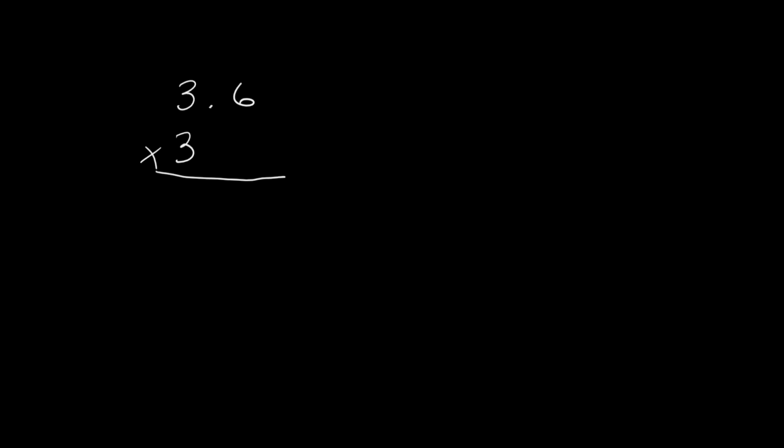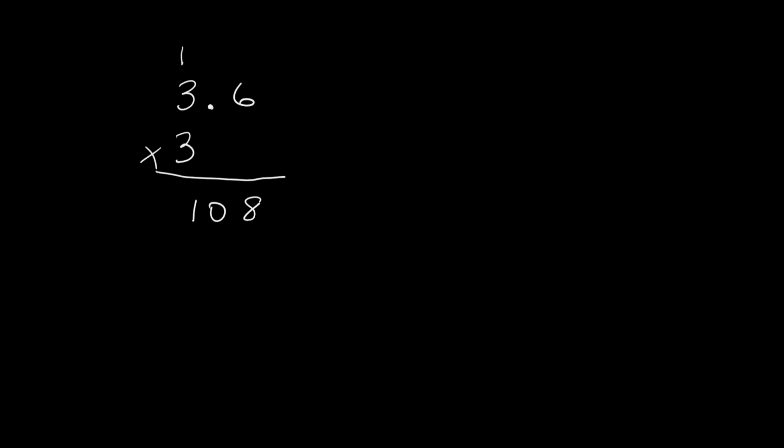So we would multiply as we would usually multiply with whole numbers. So 3 times 6, 18, carry 1. 3 times 3 is 9, plus 1, that's 10. Now, we have a decimal point right here. To determine where we should put our decimal point in our answer, we should count how many numbers are behind that decimal point.